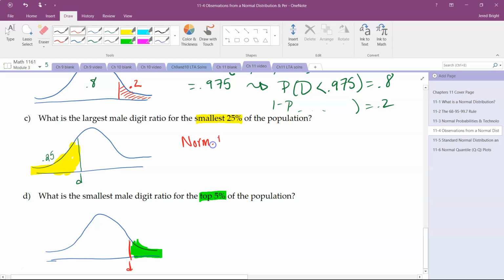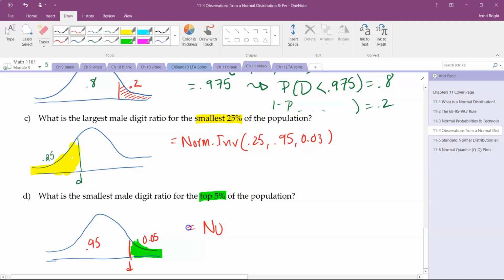This one you can do norm.inv of 0.25, and then 0.95, and then 0.03. This one, if this is your top 5%, then below it would be 0.95. So Excel knows how to compute to the left.